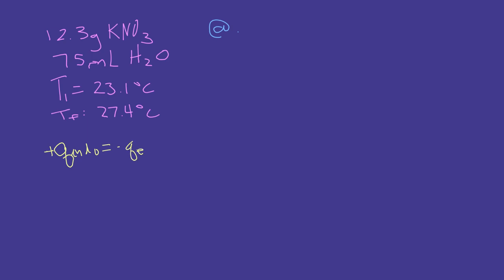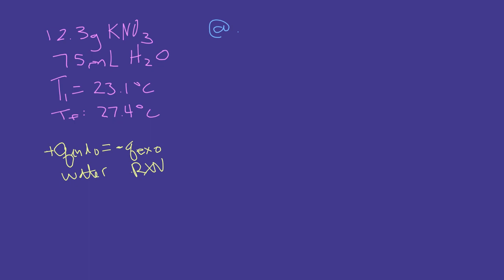Because this defines how you solve the entire problem. So positive Q endo is the thing absorbing the heat energy, and what is the thing giving off the heat energy? Okay, so that has to be the reaction. We know this because the reaction was able to give heat energy to the water, which got hot.